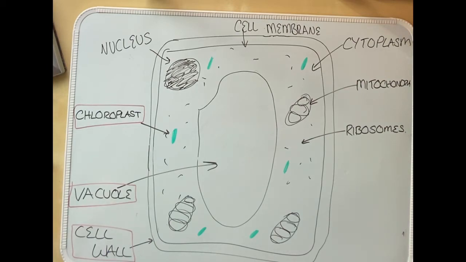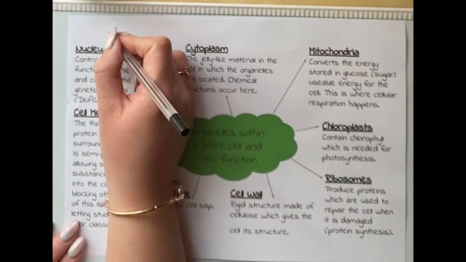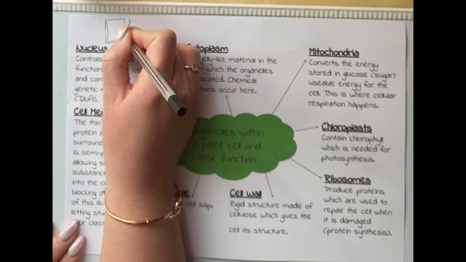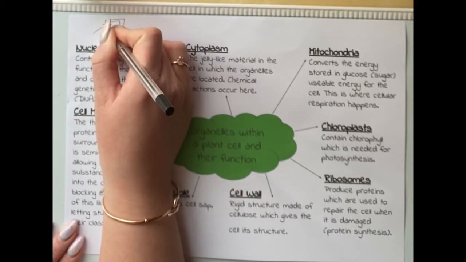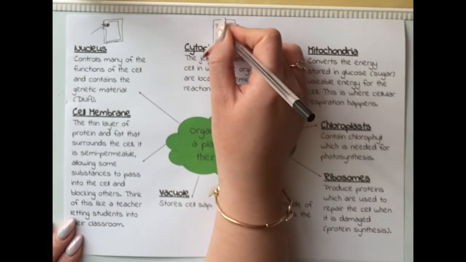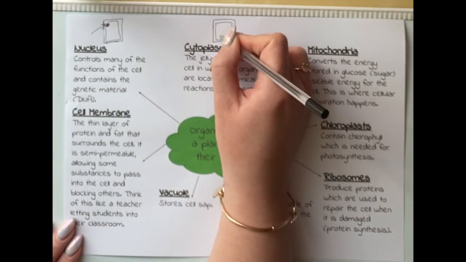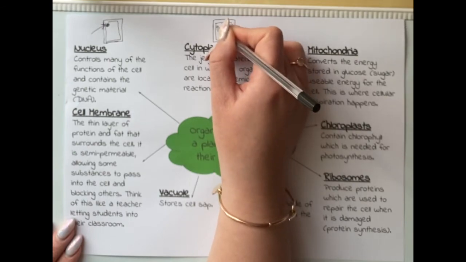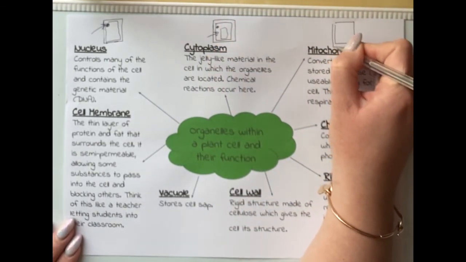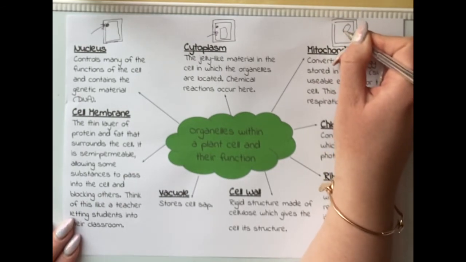For example, cotton t-shirts. In summary, the nucleus contains many of the functions of the cell and contains DNA. It is represented by a shaded circle in the plant cell. The cytoplasm is a jelly-like material in the cell where the organelles are located. Remember, chemical reactions happen here. The cytoplasm isn't represented by anything other than empty space.